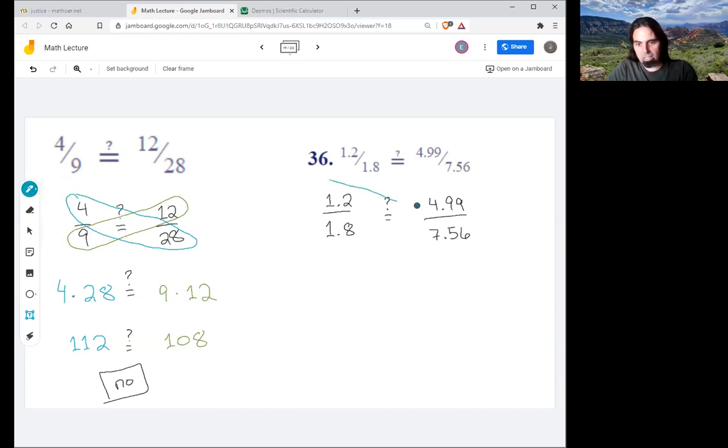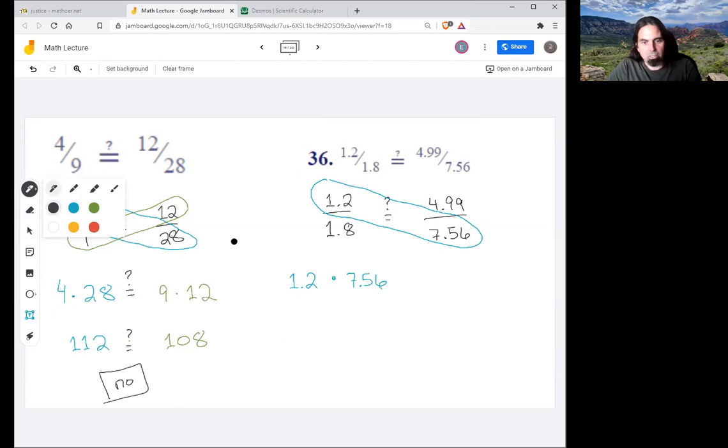Okay, so one diagonal is 1.2. Okay, I'm gonna write this very carefully. 1.2 times 7.56. This is a great time to confuse yourself by making your decimal points look the same as your dots that are multiplying.